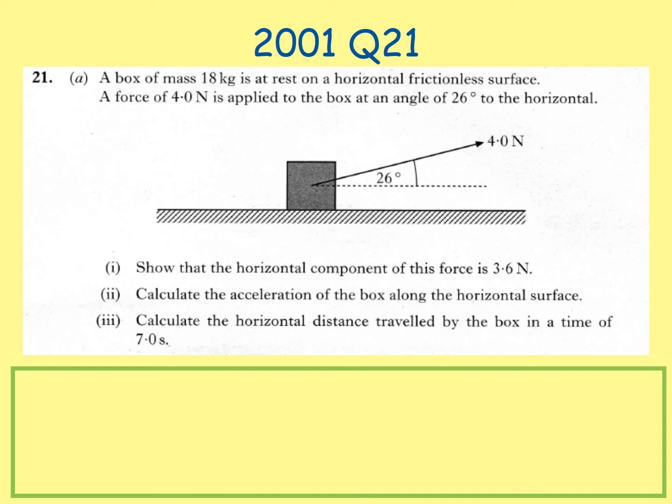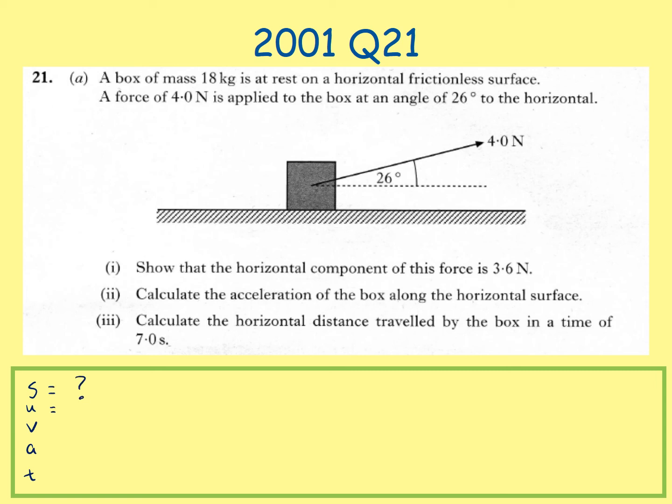Part 3. Calculate the horizontal distance travelled by the box in a time of 7 seconds. We want to use our equations of motion for this. So again, it's horizontal, so we want to calculate the horizontal distance. Writing down SUVAT, our displacement, that's what we would want to know.